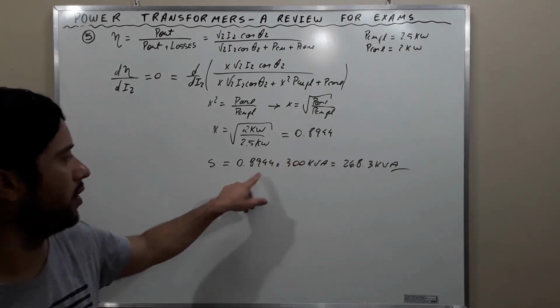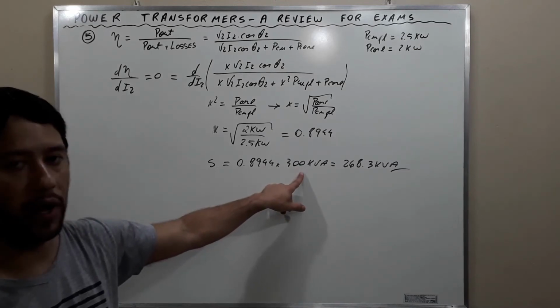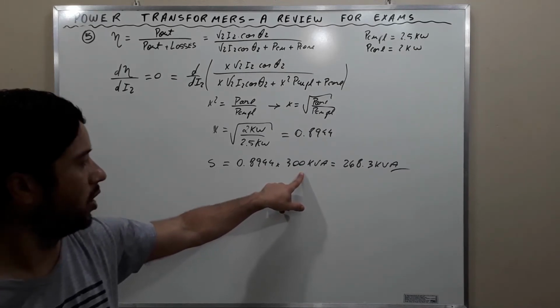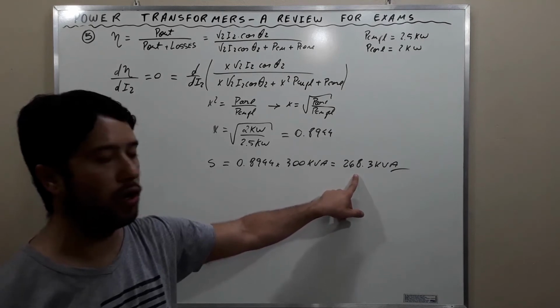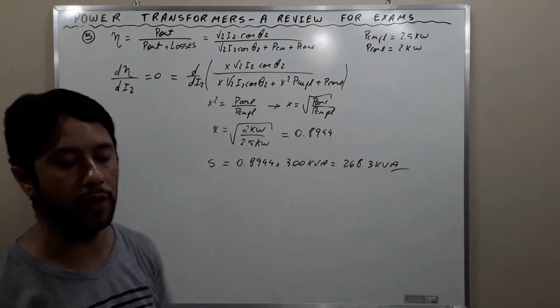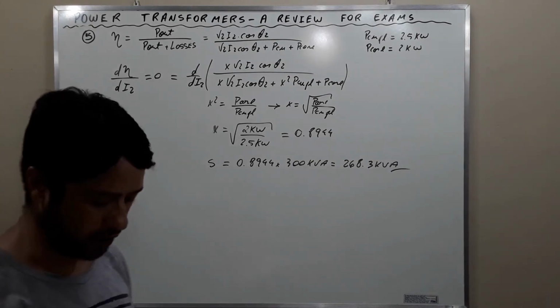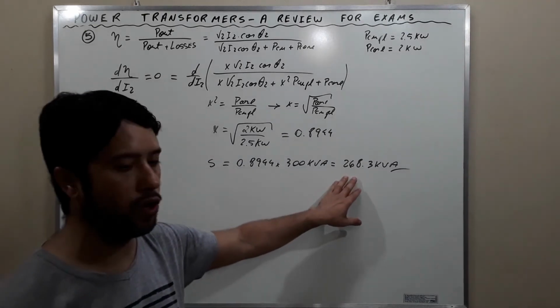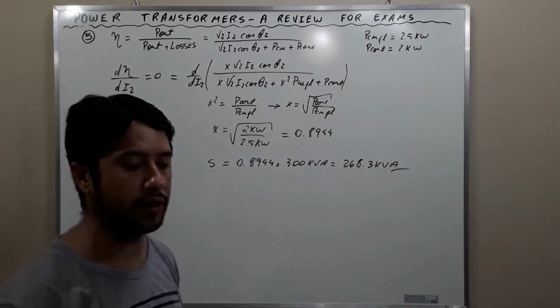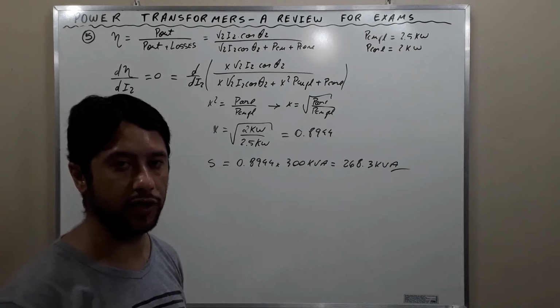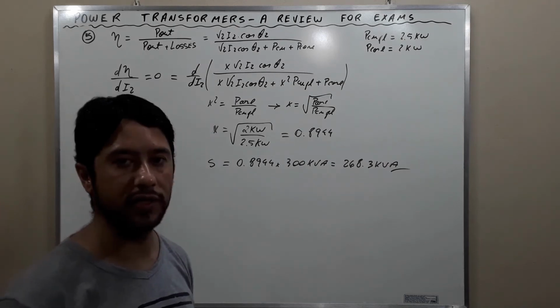We applied this at the power rating of the transformer, and we discovered the load that if connected will enable maximum efficiency. With this level of load, the transformer is operating at maximum efficiency. Okay, this is all for exercise 5.